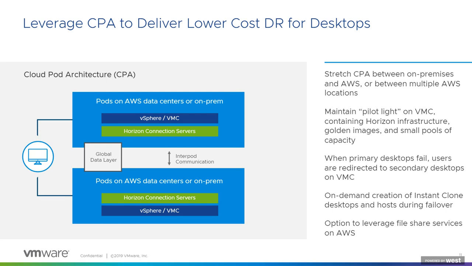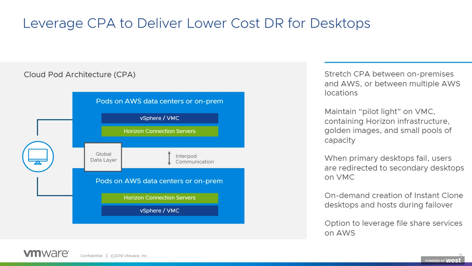So when the primary desktops fail, users who are logged into the primary desktop will get kicked off of their virtual desktop. When they try to log in again using that single URL that I mentioned earlier, they'll actually be automatically redirected to the Horizon 7 deployment on VMware Cloud on AWS. And if there's an available desktop, they can log into that desktop.